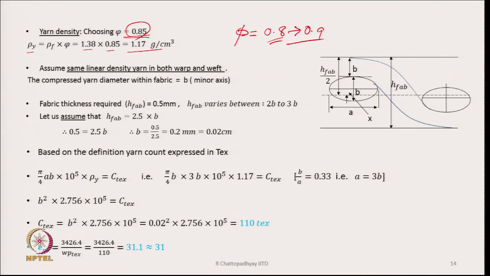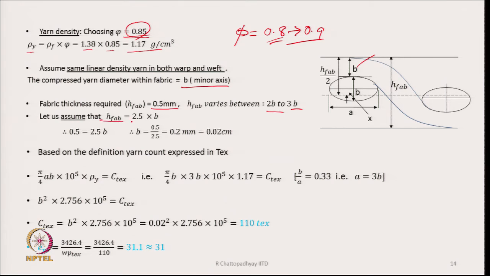Now, if this is the density of the yarn, then the compressed yarn diameter within the fabric is going to be the minor axis, that is the B. In this diagram, this is the compressed diameter. So, that is going to decide the overall thickness of the fabric. So, the fabric thickness given is 0.5 mm and H fab varies between 2B to 3B.